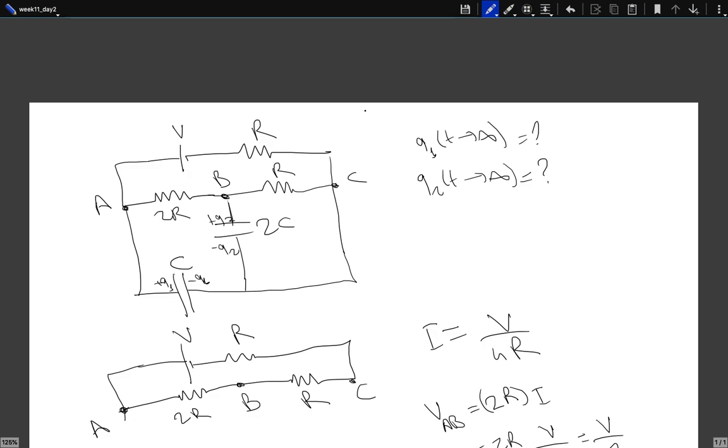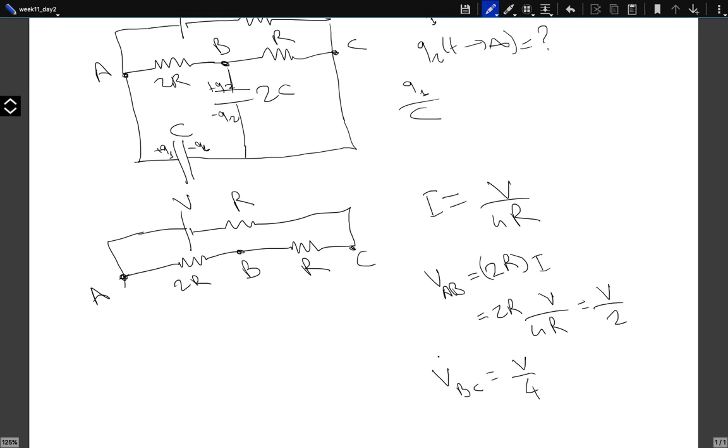And this point and all the way here, they are at the same potential because there is no resistance along that line. So on one hand, we know that the potential difference is Q1 over C. If the charge is Q1, the capacitance is C, then it's just Q1 over C. On the other hand, this is just VAC.